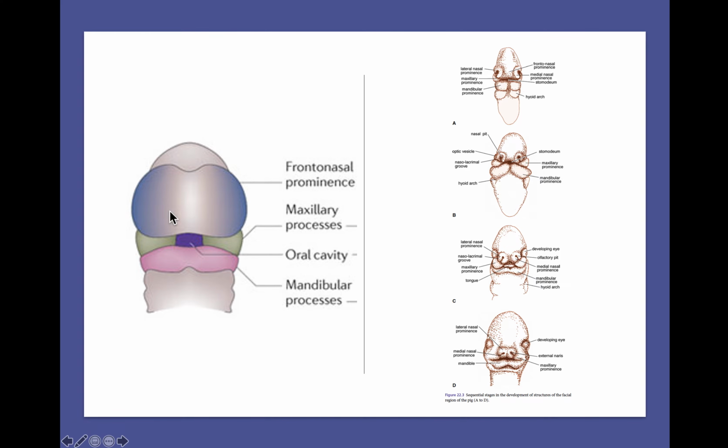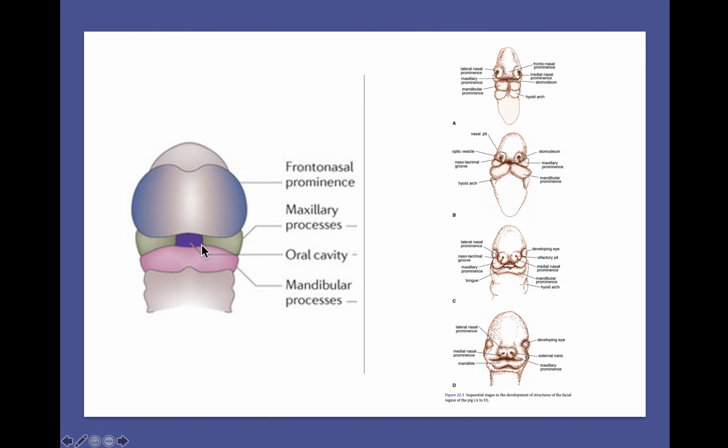And at this area here, we have the frontal prominence, which would be responsible for the formation of the nasal cavity and also the formation of the area of the orbit. The structure that we can see here, the stomatodeum, is a membrane that usually closes the opening of the oral cavity.